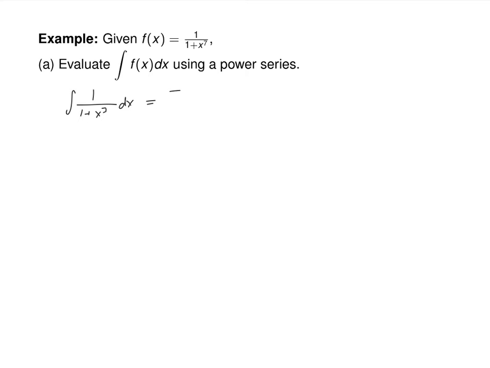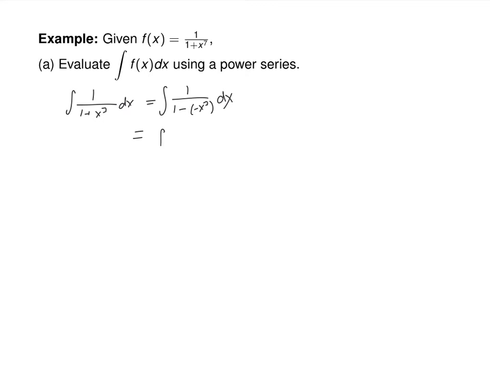Well, let's say that is the integral of, we can express that 1 over 1 plus x to the 7th as a power series by writing it as 1 over 1 minus negative x to the 7th.